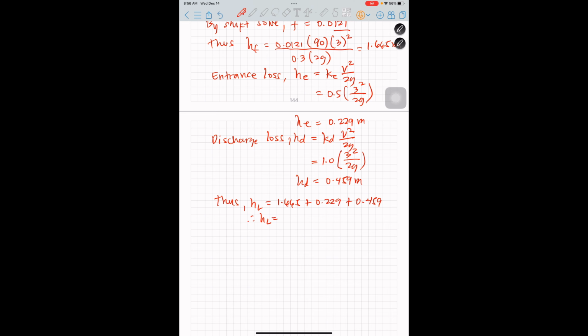So this is equal to 2.353 meters. This is our answer. The total head loss in this problem is equal to 2.353 meters.